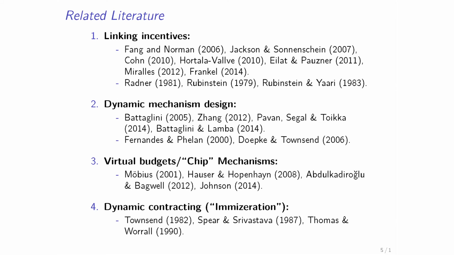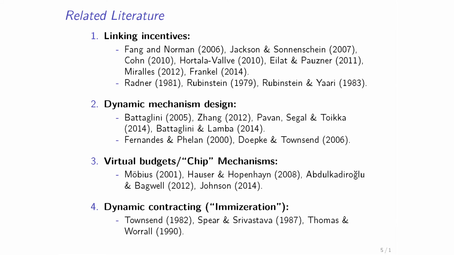With each token, he can buy one day of care. And if he lives in this hospital for 1,000 days, or 1,000,000 days, the efficiency loss of this token mechanism will eventually go to 0. Our paper is different from that. We will show that the optimal mechanism in our environment is different from a token mechanism.